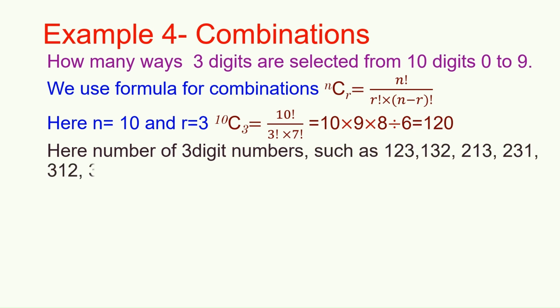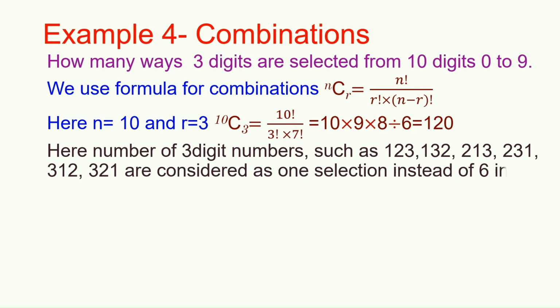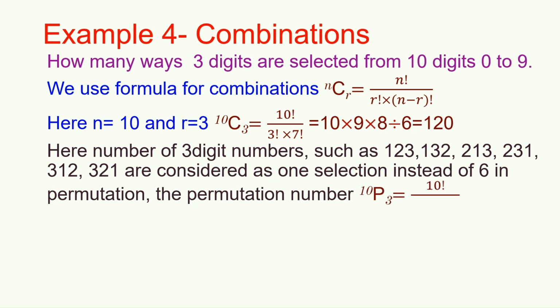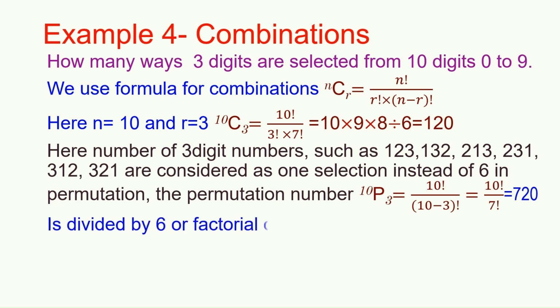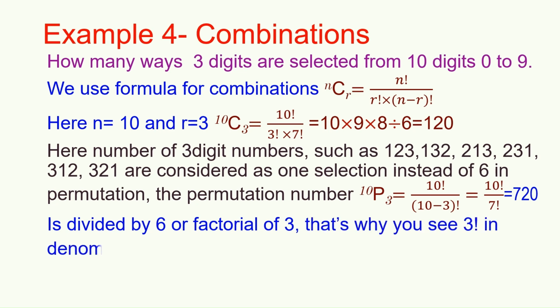3-digit numbers such as 123, 132, 213, 231, 312, 321 are considered as one selection, instead of 6, in permutation. The permutation number 10P3 equals factorial 10 divided by factorial 7 is equal to 720, is divided by 6 or factorial of 3.